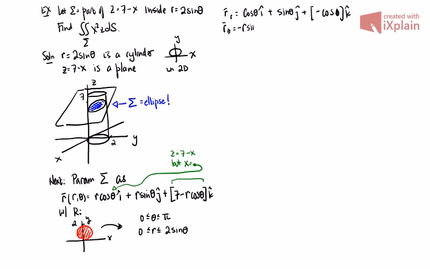So negative r sine theta i plus r cosine theta j, and then plus 0 minus, in this case, a minus because the derivative of cosine is negative sine. So plus r sine theta k. Then we take that cross product.